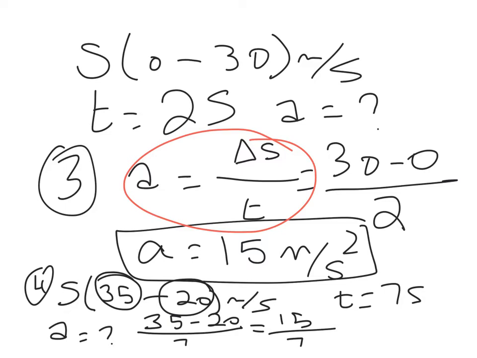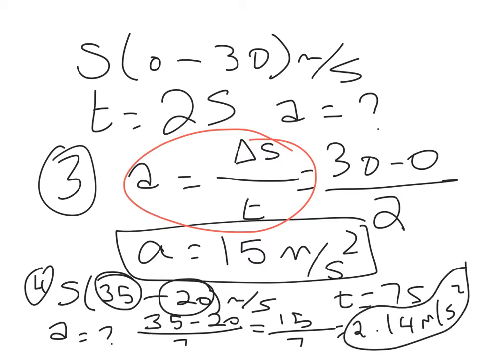Where did you get 35 from? When you read the question, it said your car slows down from 35 meters per second to 20 meters per second. So 15 over 7 is 2.14. What is your unit? Meters per second squared. That's the answer for number 4.